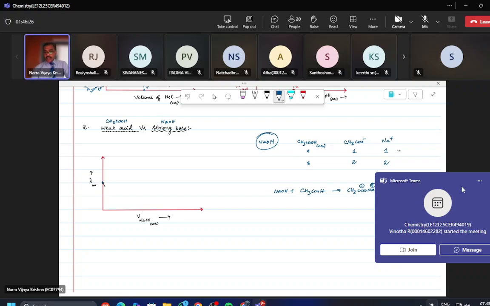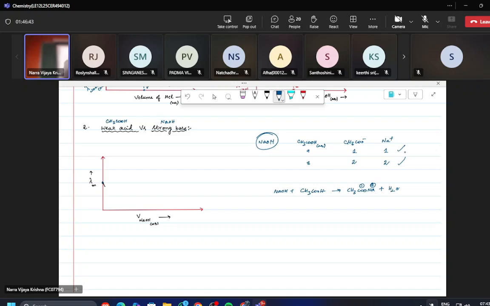Now compared to this, what happened to total number of ions? Increased, no? So what happens to conductance now? Are you able to understand? Initially, why there is decrease? Initially, some free H plus ions are available because acetic acid ionizes partially. When it ionizes partially, little H plus is there, right?